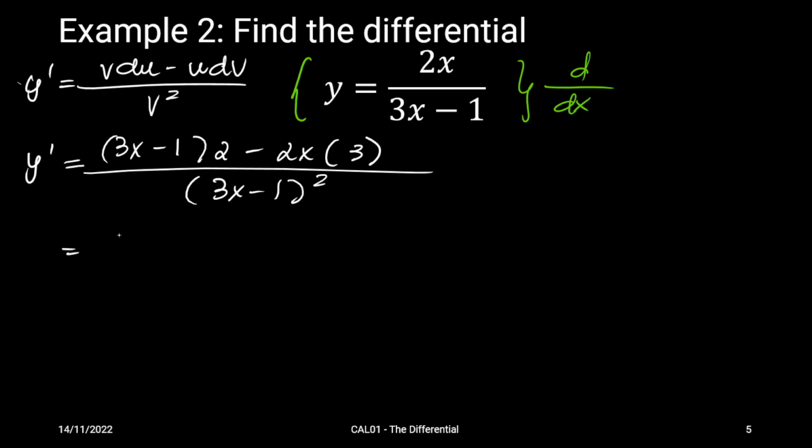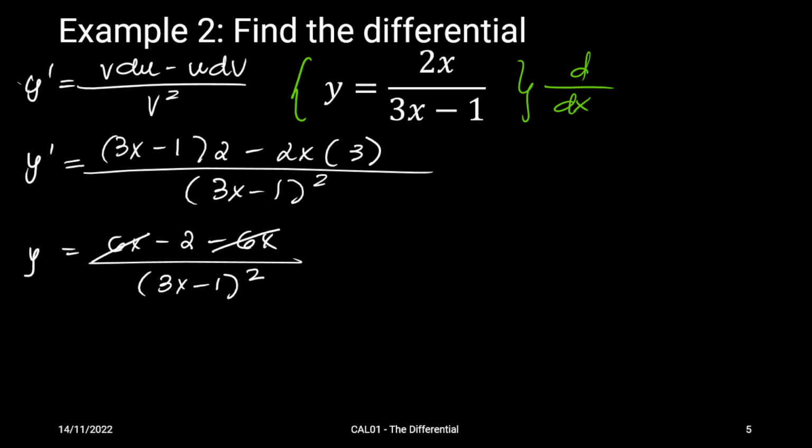So simplify. So we have 6x minus 2 minus 6x over 3x minus 1 quantity squared. So, cancel si 6x kasi magkaiba sila ng sign but they have same magnitude.